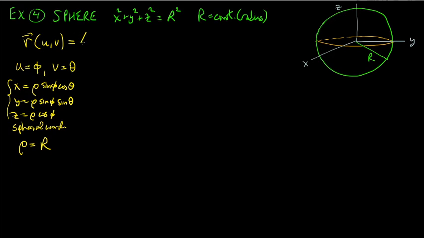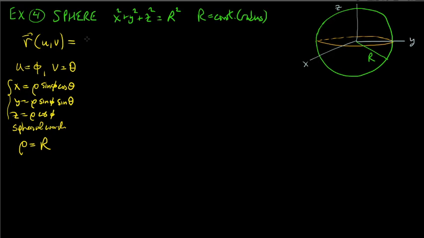Right. So our vector then, I'll use i and j here, right? This is just going to be r sine of u cosine of v, r sine of u sine of v, and then z will be r times cosine of v. Oh, I said i, j, and k. I forgot that part. Sorry about that.